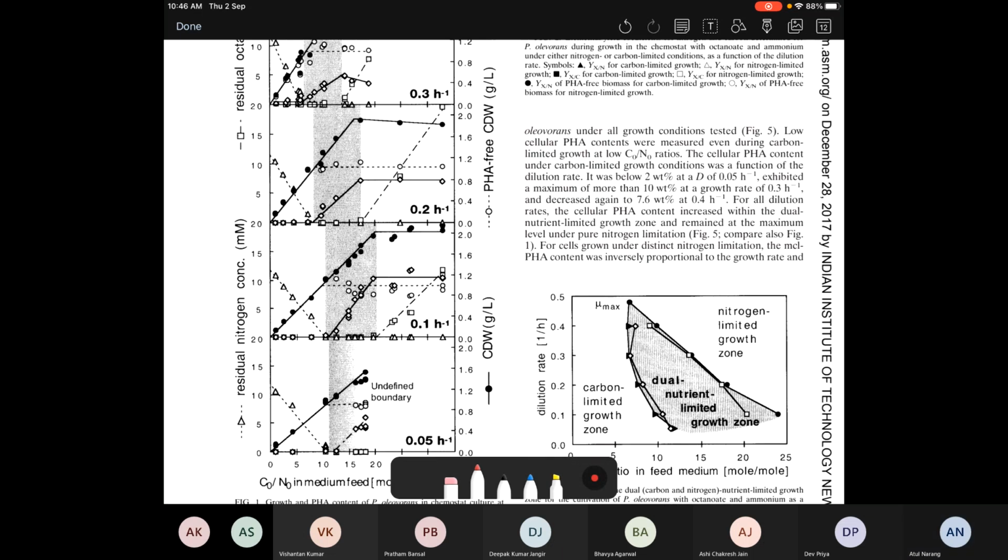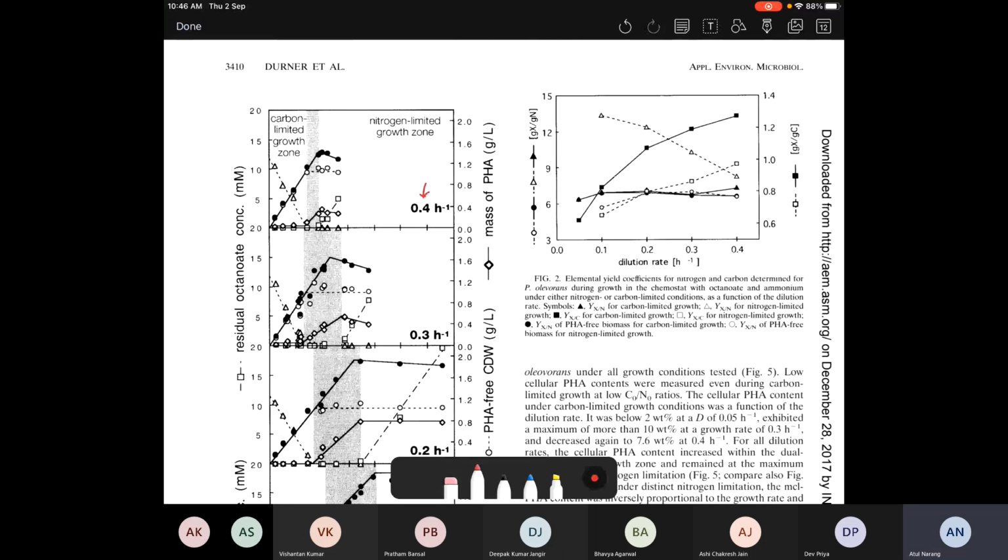So you have a fixed nitrogen ammonia concentration in the feed, and you also have a fixed dilution rate D, and you just keep on increasing the carbon. You do one experiment with, say, 1 gram per liter of the carbon source, then 2, then 3, then 4, then 5, and at each of these you measure the steady state.